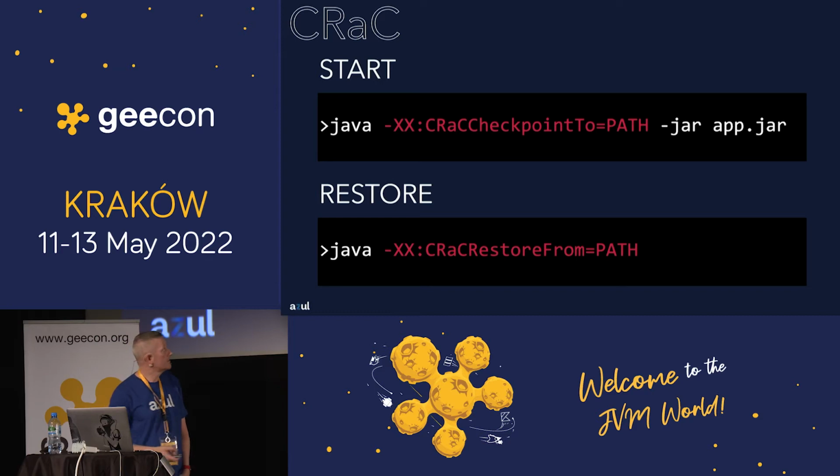The way to start it is, for example, java -XX:CRaCCheckpointTo= and then you give it a path. That means once you start the jar, you just pass the parameter where it should store the checkpoint. And if you would like to restore it, you just call java -XX:CRaCRestoreFrom= with the same path. That also means you could create different checkpoints and restore from different checkpoints.